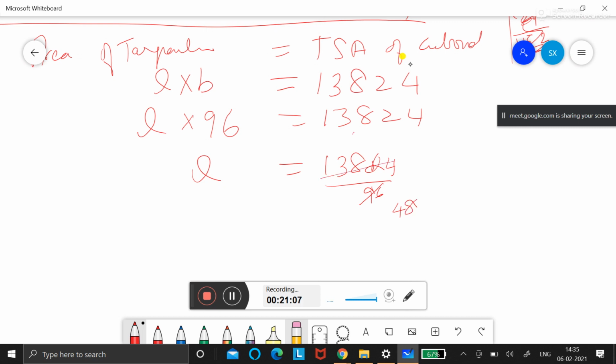48 times. This will go 6, 9, 1, 2. Correct? Then again, this will become 24. And this will become 3, 4, 5, 6. Correct? Then this will become 12. And this will become 1, 7, 2, 8.